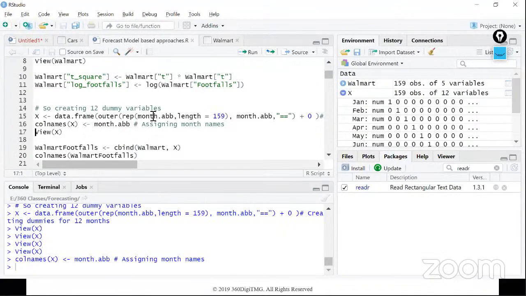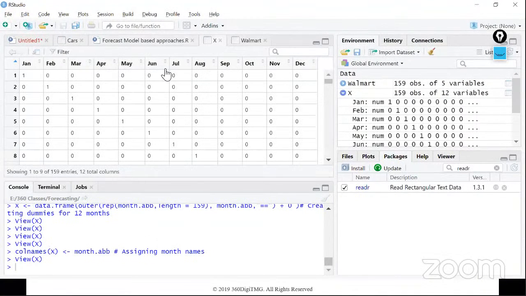So when I execute this and view it, this is what I have. Is it clear?